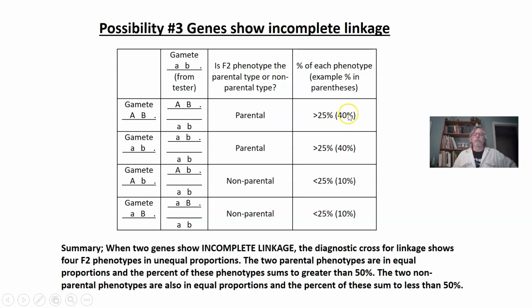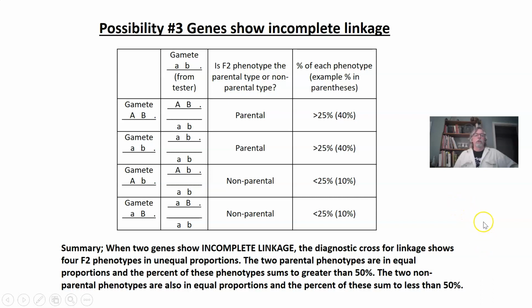They could be 40% each, but this number can vary. The recombinants or non-parentals would be less common, and these two types of recombinants would be equal in frequency. So if these two are 40%, these two would be 10%, half of the remaining 20%.